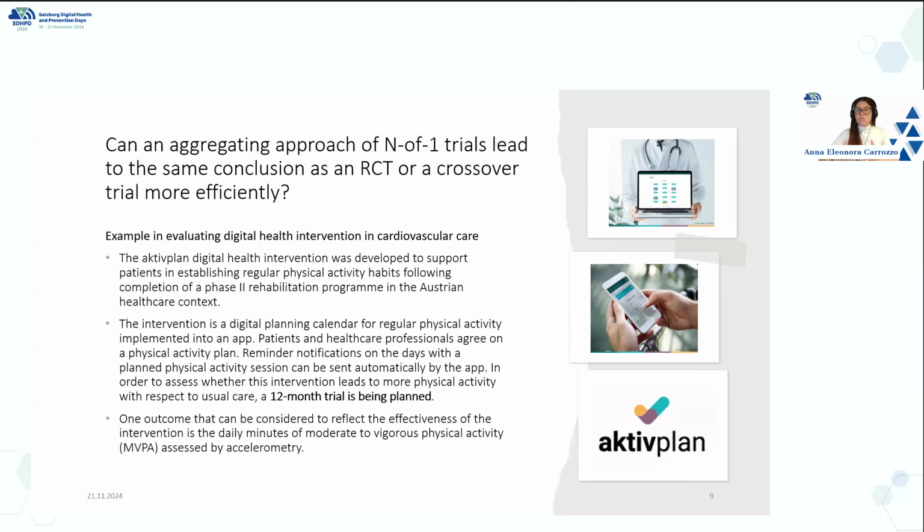So in order to assess whether this intervention leads to more physical activity with respect to the usual care, that is no digital technologies involved, a 12-month trial has been planned. The outcome that can be considered to reflect the effectiveness of this intervention is the daily minutes of moderate to vigorous physical activity assessed by accelerometry.